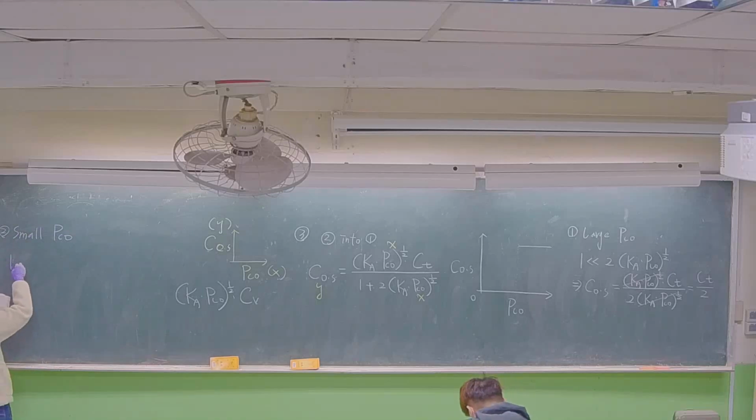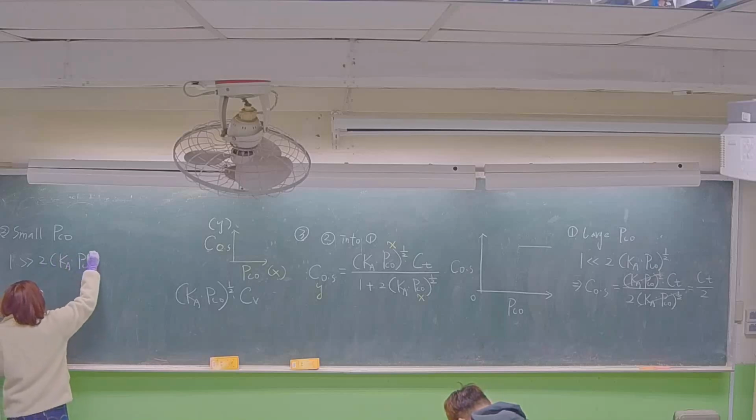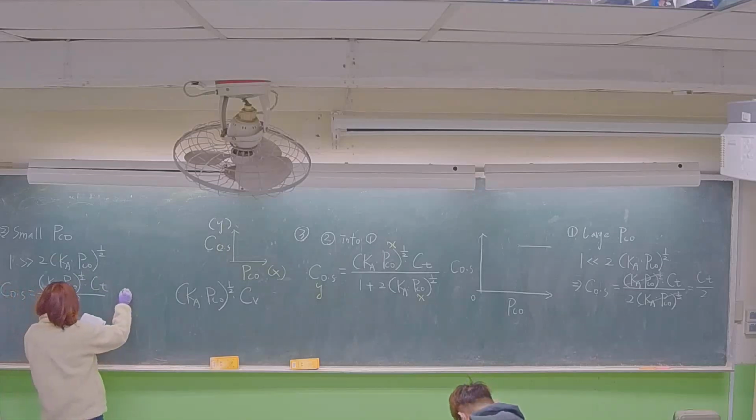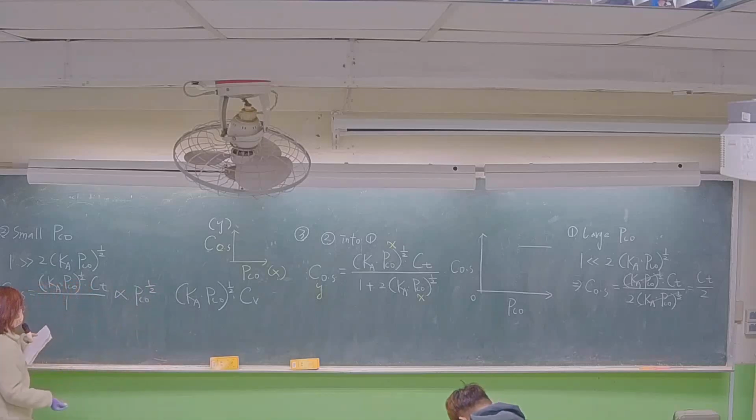For small P_CO, 1 is larger. So C_OS, right? So it is proportional to this one, okay?